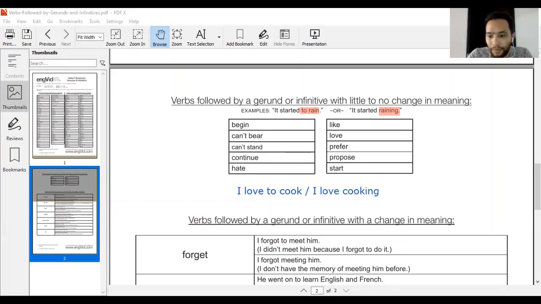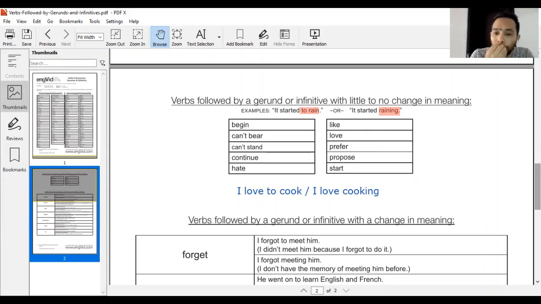I mean, it's all the same. You can use it either way, right? You can use the way you like. So these were those verbs that can be used with the infinitive form or the gerund form, with no change in meaning.